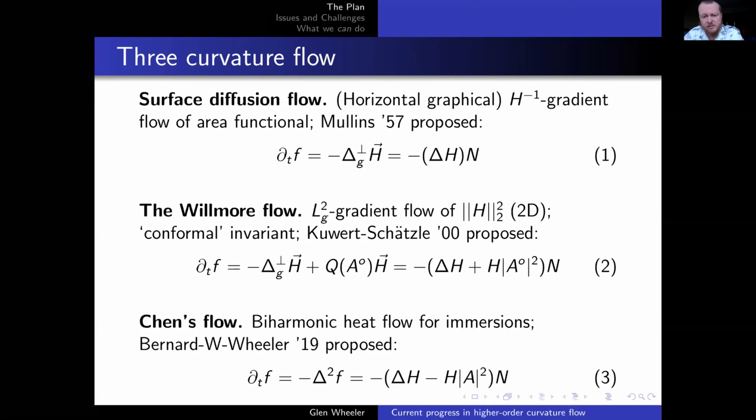Yes, great question. For surface diffusion, like you said, I think 2D and 3D are the most important. I'm not aware of great applications in higher dimensions for surface diffusion. For Willmore flow, 2D and 1D, like you said, are the perfect realms for application. In higher dimensions, it's no longer conformally invariant.